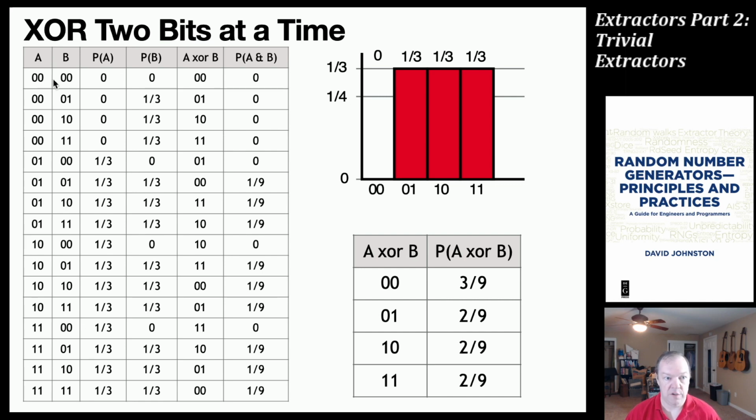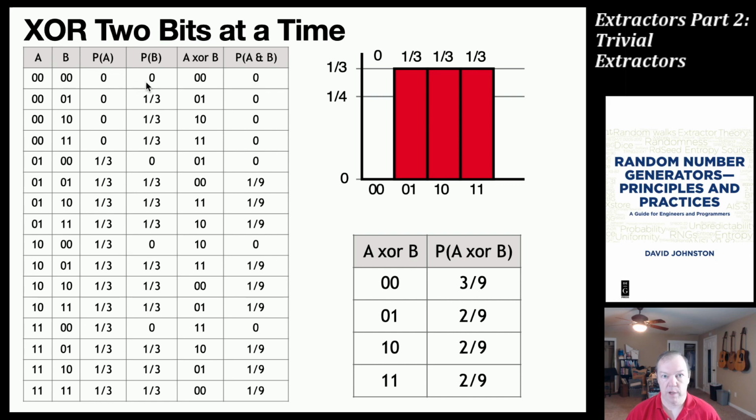So 0, 0 XORed with 0, 0 gives you 0, 0. 0, 0 XORed with 0, 1 gives you a 0, 1, and so on. So it's the 2-bit exclusive OR, bitwise.